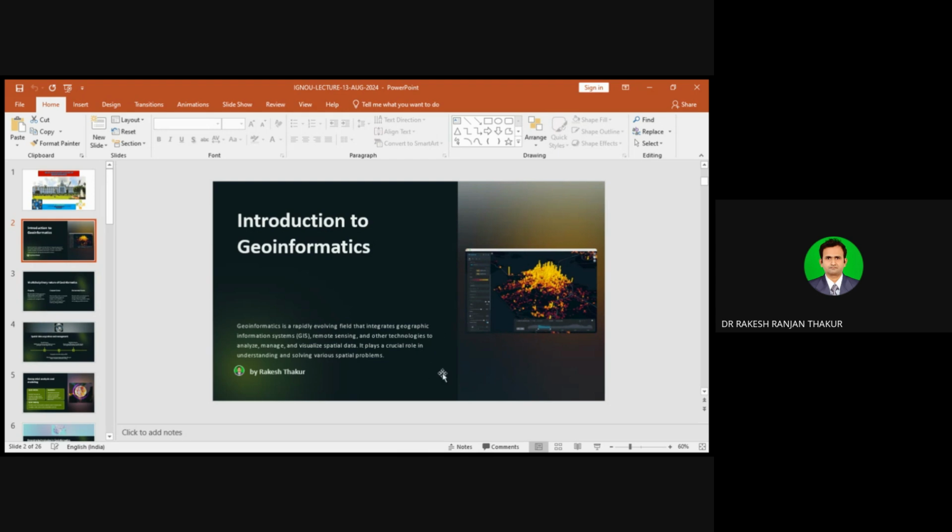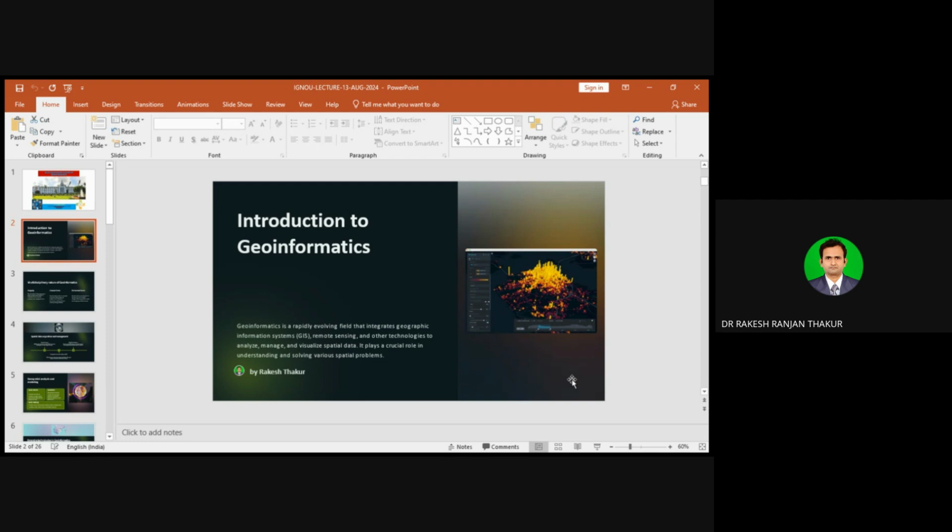Okay, so what I would like to say is that nowadays the role of geoinformatics is rapidly increasing, and we are integrating different types of technology. Among those technologies, very vital is GIS. You all know what GIS is, Geographical Information System.